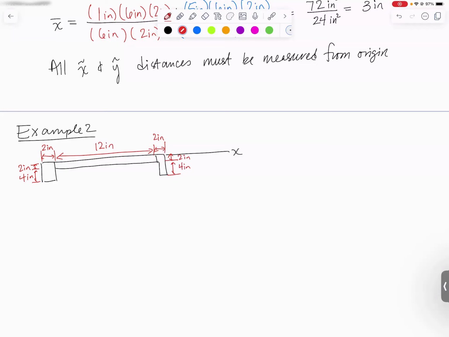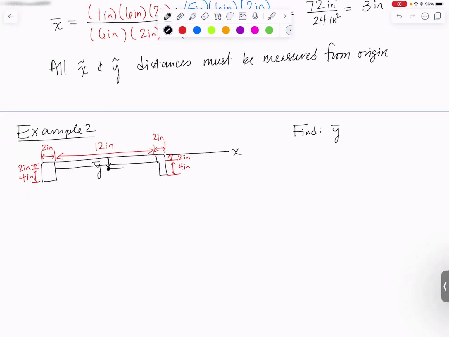And we're only asked in this problem to find y bar, the vertical coordinate of the centroid. And it's going to have to be down below the x-axis because my x-axis is at the top of the part. And so somewhere down here, I don't know if it's going to be inside of the part or down below it, but somewhere down here is the overall y bar location.